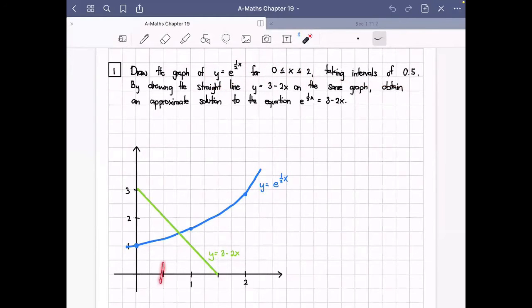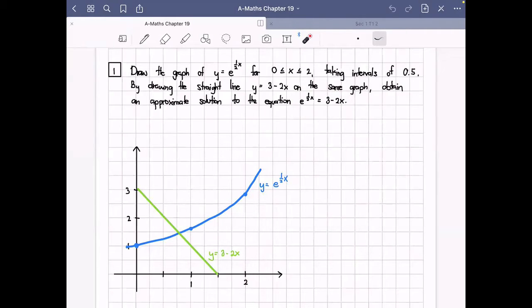So this is 0.5, this is 1, this is 1.5, this is 2. Now, by drawing the straight line y equals 3 minus 2x on the same graph, obtain an approximate solution to the equation e raised to 1/2 x equals 3 minus 2x. So we basically look for their intersection point.